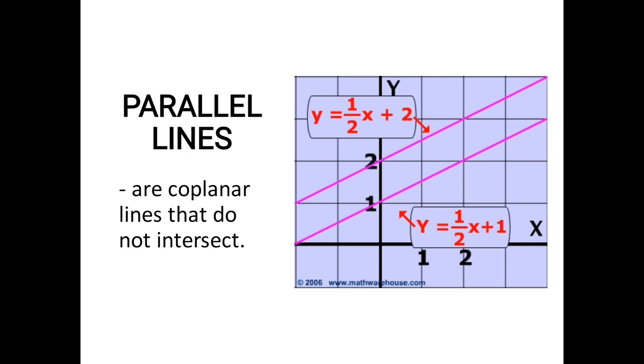Next, parallel lines are coplanar lines that do not intersect. So on the right side, we have an example of parallel lines: y equals 1/2 x plus 2 and y equals 1/2 x plus 1.